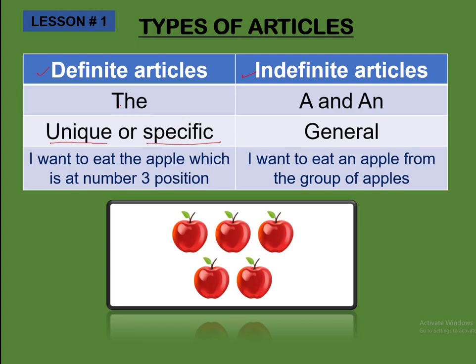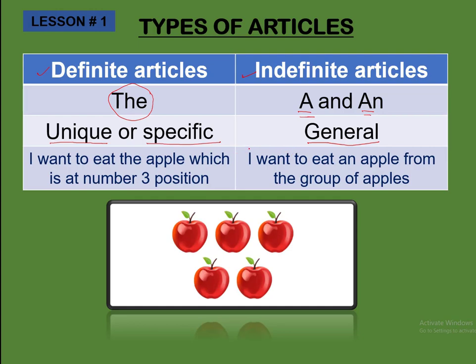There is only one such article, that is the, which is specific or unique in its nature when it is used in certain sentences. Both a and an are called indefinite articles, as they are used in general sentences.